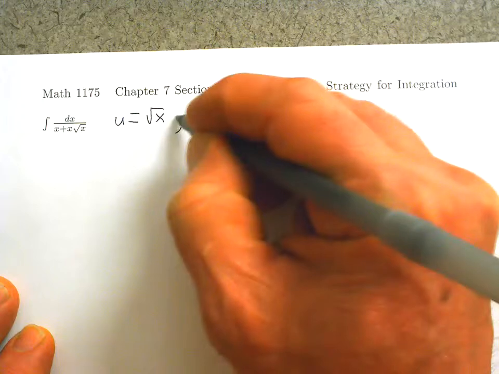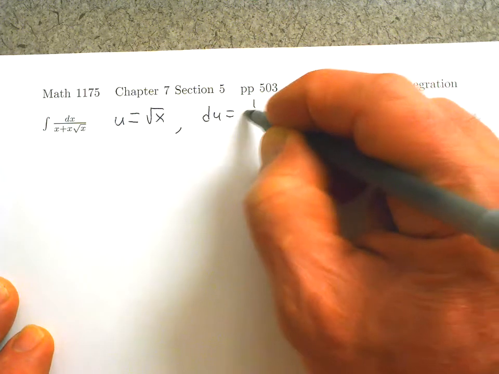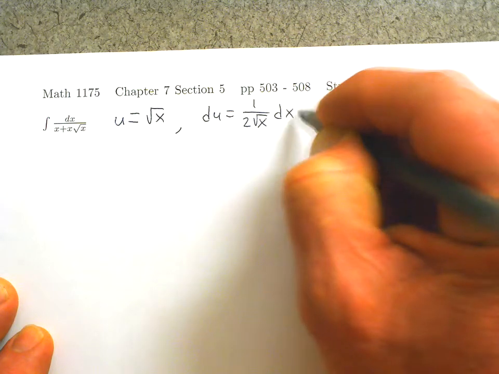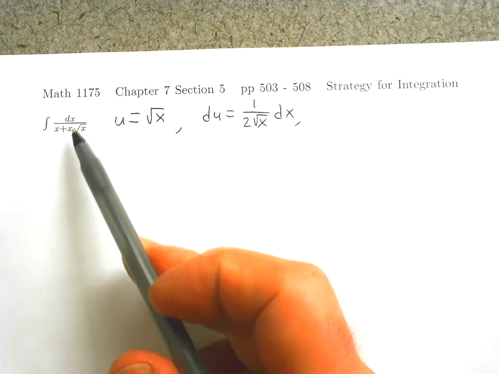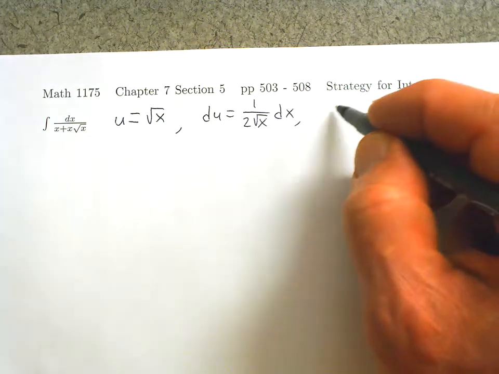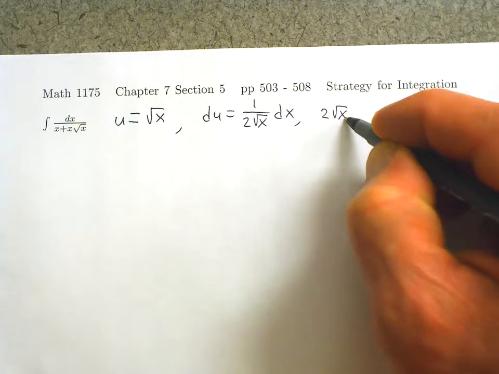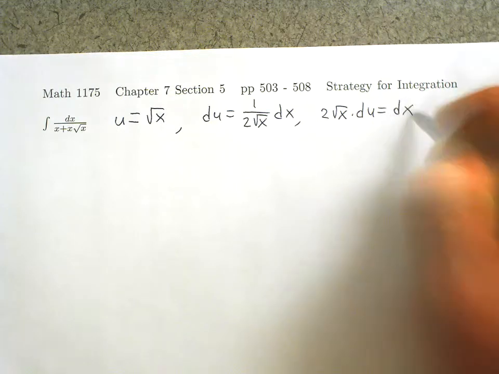And du is 1 over 2 times the square root of x dx. We want to know what dx is, so if we multiply both sides by 2 times the square root of x, we get 2 times the square root of x times du equals dx.